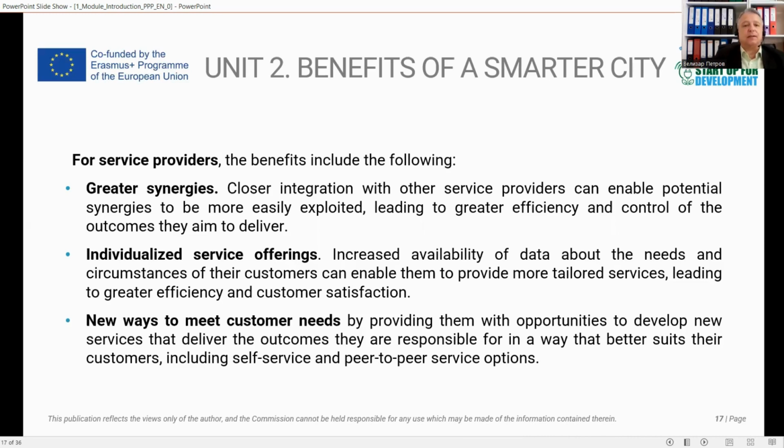Individualized service offerings: increased availability of data about the needs and circumstances of their customers can enable them to provide more tailored services, leading to greater efficiency and customer satisfaction. New ways to meet customer needs by providing them with opportunities to develop new services that deliver the outcomes they are responsible for in a way that better suits their customers, including self-service and peer-to-peer service options.